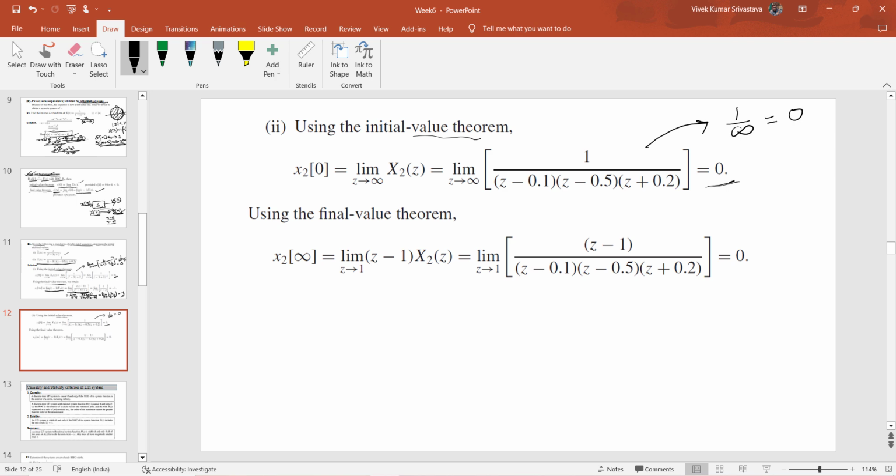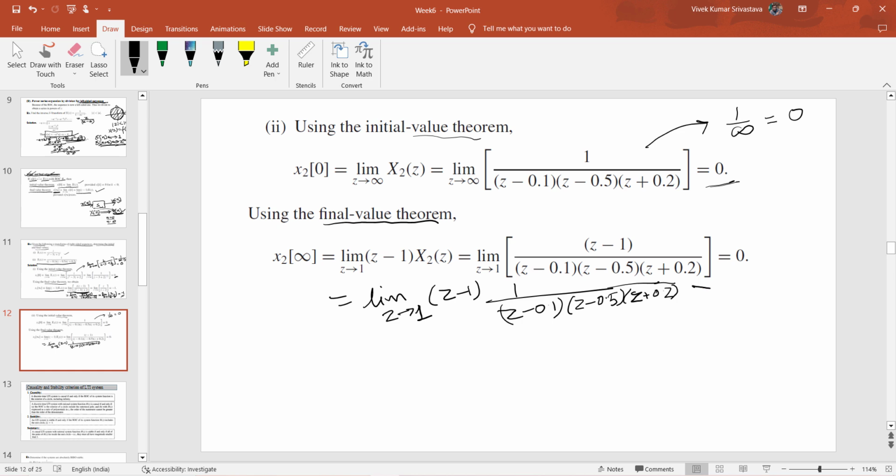Similarly, for the final value theorem, you have to use this expression, limit z tends to 1 of z minus 1 into 1 over the product of the factors in the denominator. Now if you put z as 1, this expression will also give you 0.